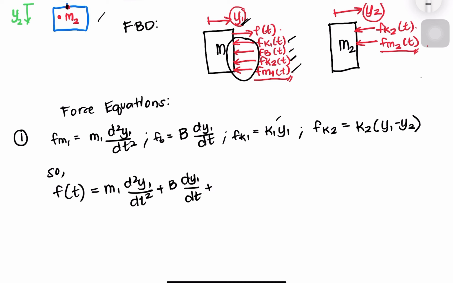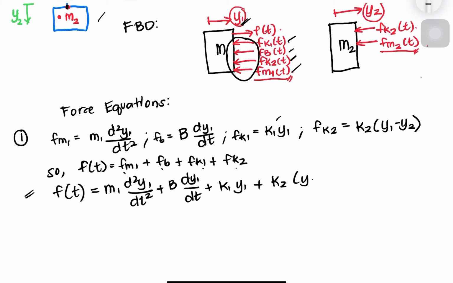You can actually first write this as F of t = Fm1 + Fb + Fk1 + Fk2, but I directly substituted the individual forces in this equation. Either way, that's correct. So Fk1 is k1 y1 plus Fk2 is k2 (y1 minus y2).